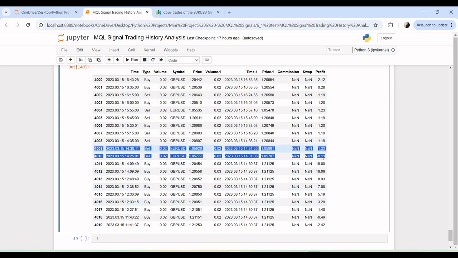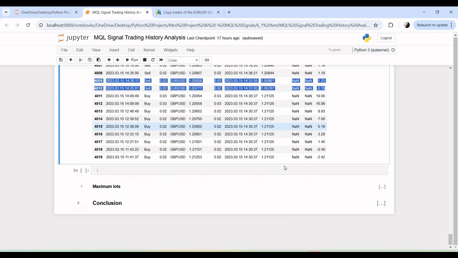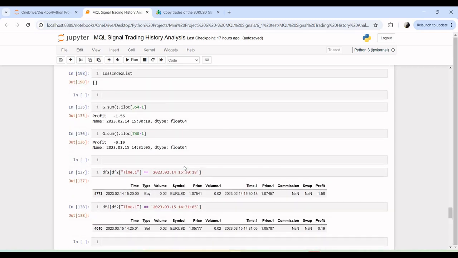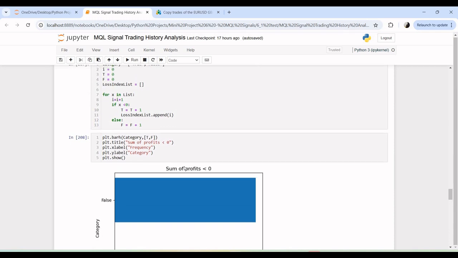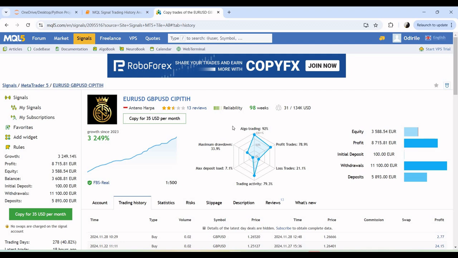So looking at these two as net, it's a net profit. So I would honestly say that it was only the one deal that was a loss. So this seems to be a very consistent martingale strategy, and the consistency is not surprising given the 92% algo trading.